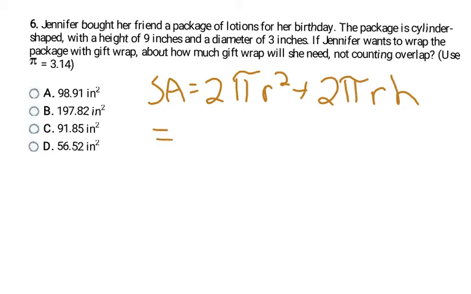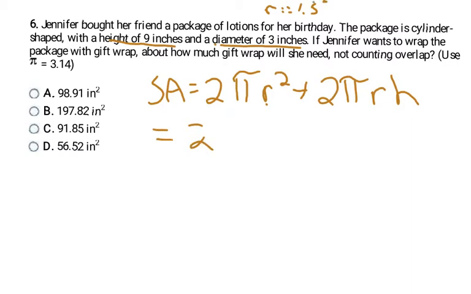It looks like I'm going to need to know what the radius is and what the height is. So up here in my problem, it tells me it's a height of 9 and a diameter of 3. Remember, it takes 2 radiuses to make a diameter. So my radius is going to be 1.5. So I'm going to go ahead and fill that in.